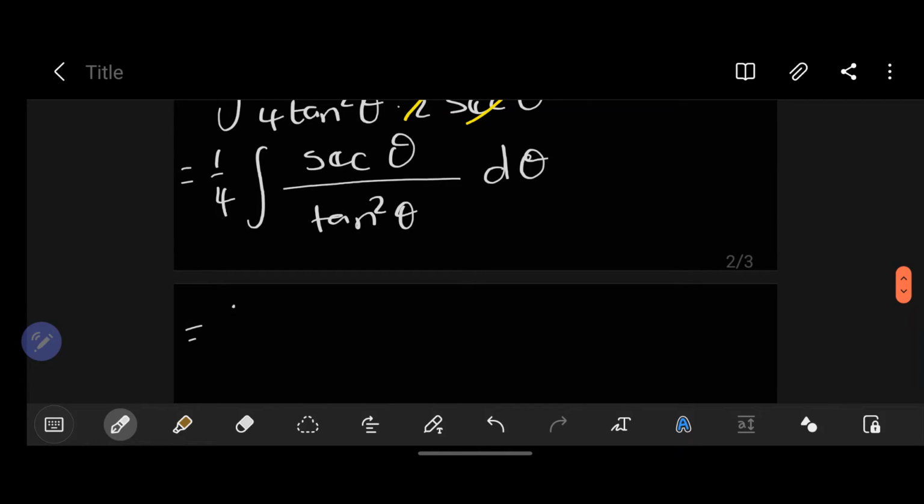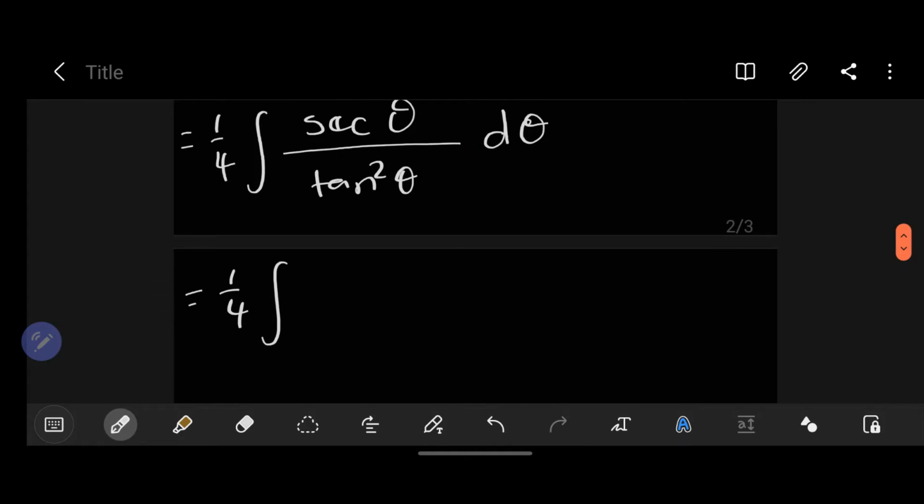So I have here 1 over 4, and I have secant theta, and secant theta will be 1 over cos theta.